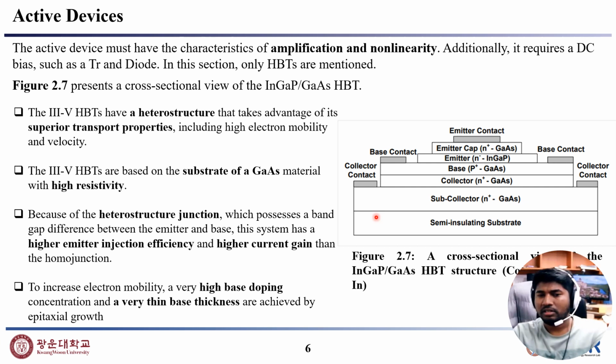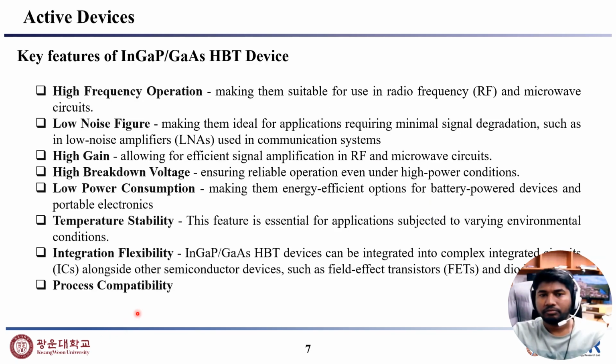Because of the heterostructure junction, which possesses a band gap difference between the emitter and base, this system has higher emitter injection efficiency and higher current gain than a homogeneous one. And to increase the electron mobility, a very high base doping concentration and a very thin base thickness are achieved by epitaxial growth. That means epitaxial growth is used here to increase the electron mobility.